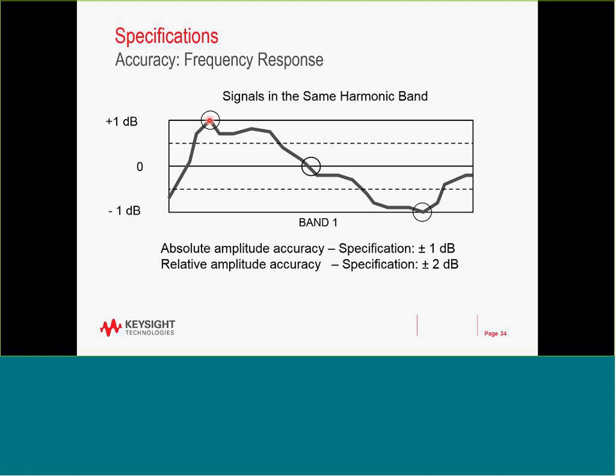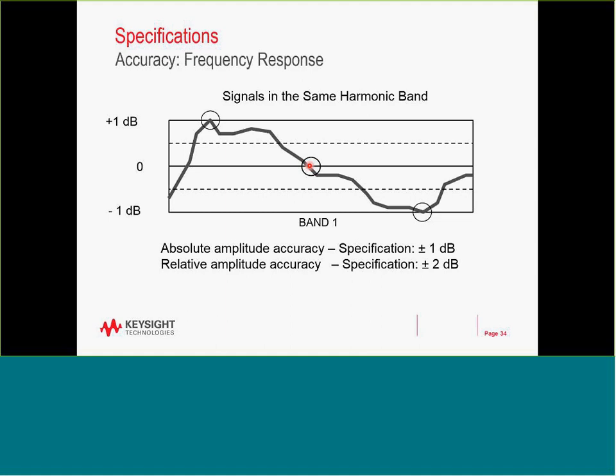Example where I want to measure two signals, they are in the same frequency band, and the uncertainty within that frequency band is plus or minus 1 dB. Well, if I measure a signal, I assume that it might be at one extreme, and if I measure the other one, it might be at the other extreme. So if I make an absolute measurement with the analyzer, then I have to say that it is plus or minus 1 dB.